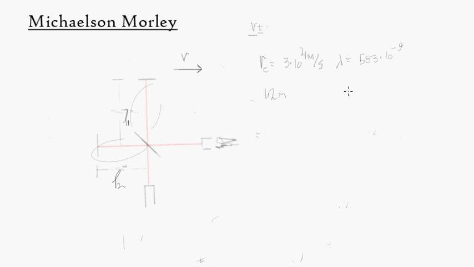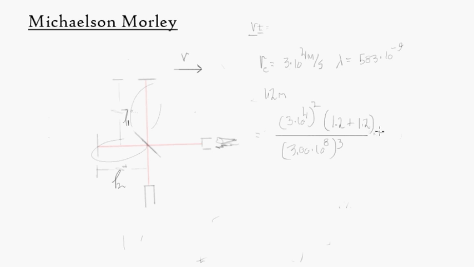Alright, so first off, let's get that number. We have v squared, so 3 times 10 to the 4 squared divided by c cubed. c is a known constant, 3 times 10 to the 8th. We're going to cube that, and up here 1.2 meters, 1.2 meters, so he built the arms the same length as each other.